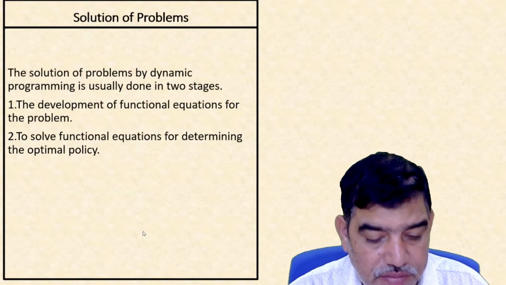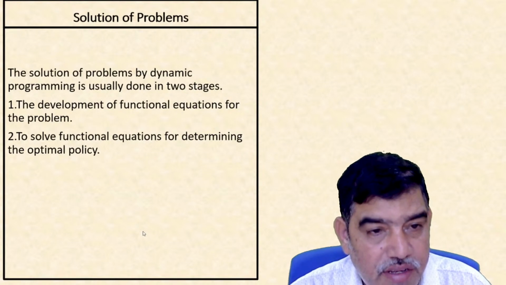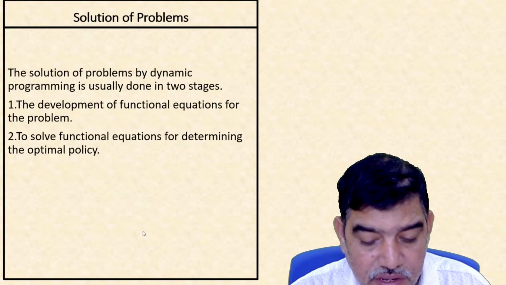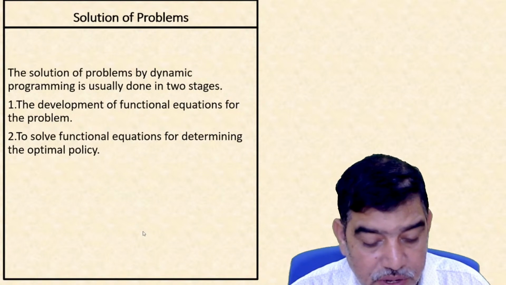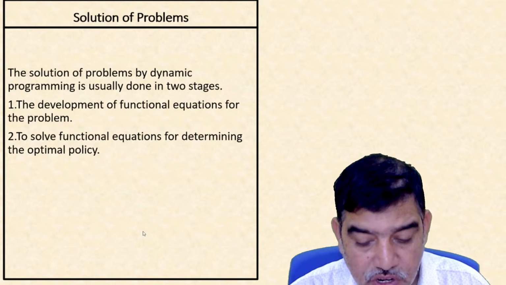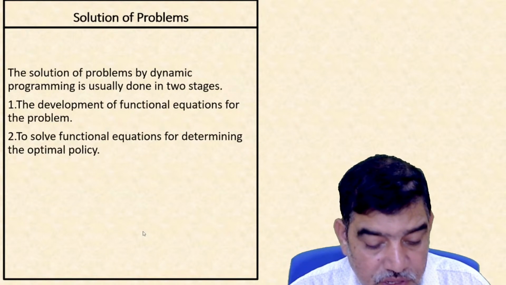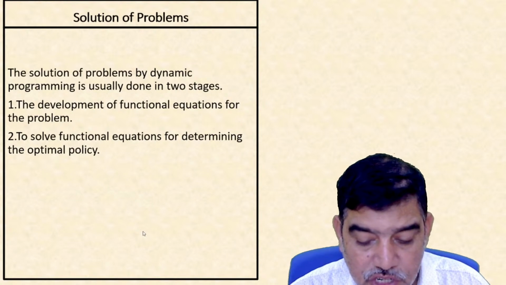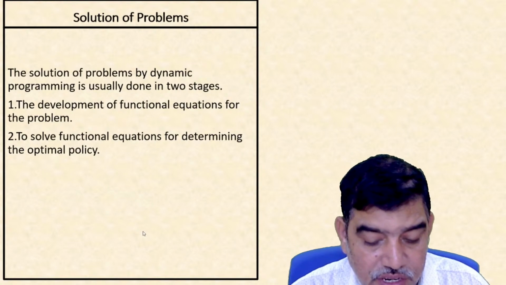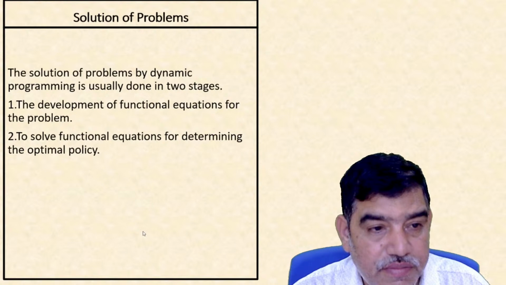Now I am explaining here. Unlike linear programming, there does not exist a standard mathematical formulation, as I told earlier, of the dynamic programming problem. This is a general type of approach to problem solving, and the functional equations used must be developed to fit the individual situations.